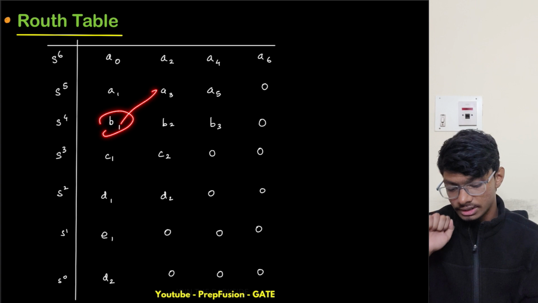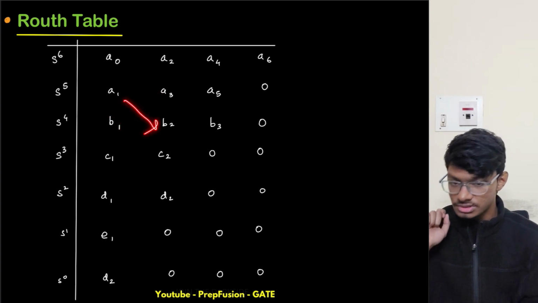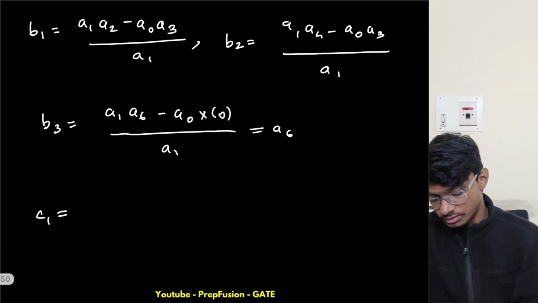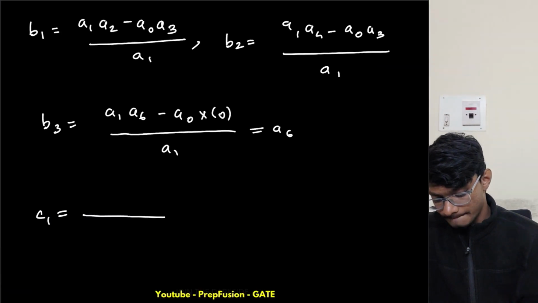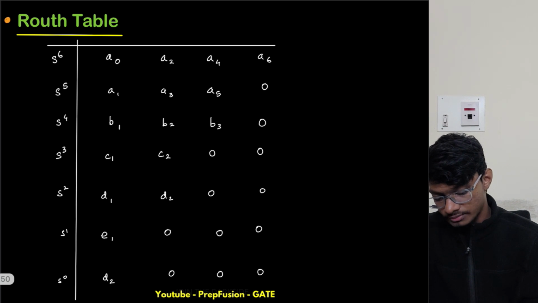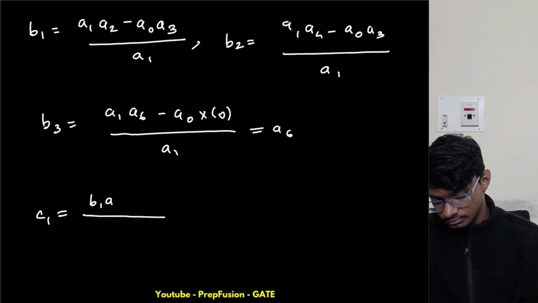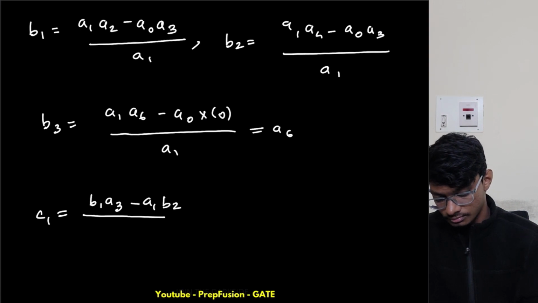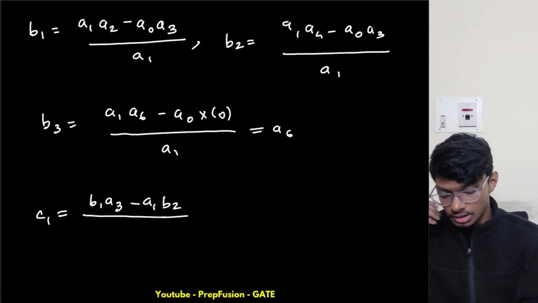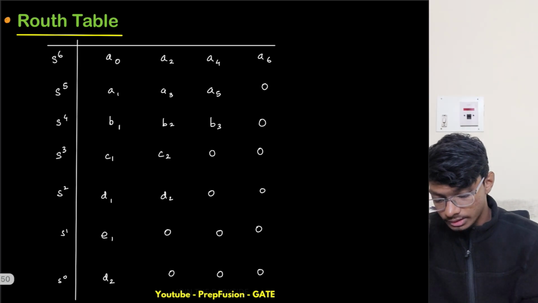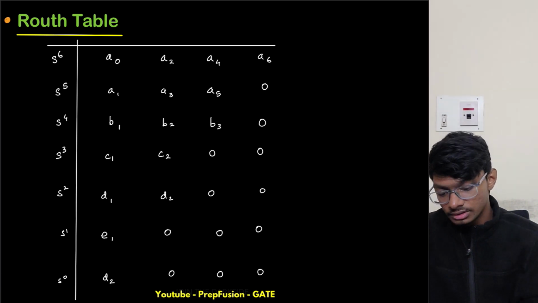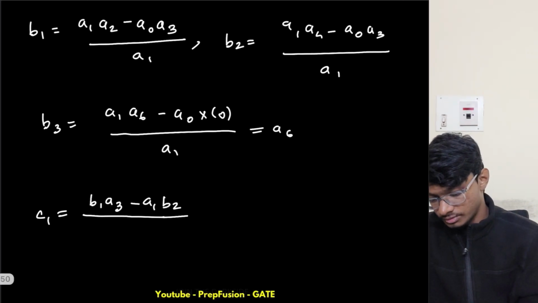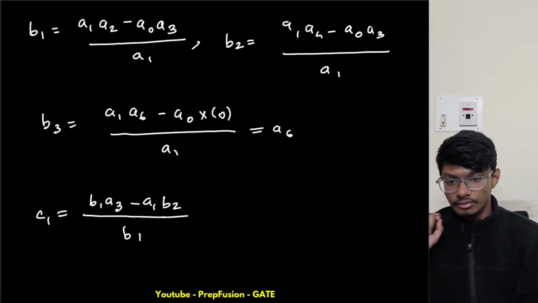It will be b1 times a3 minus a1 times b2, right? So this will be my numerator of c1. So numerator of c1 will be b1 times a3 minus a1 times b2. Now what will I divide it with? I will divide it with this above element, right? This is b1, so I will divide it with b1.